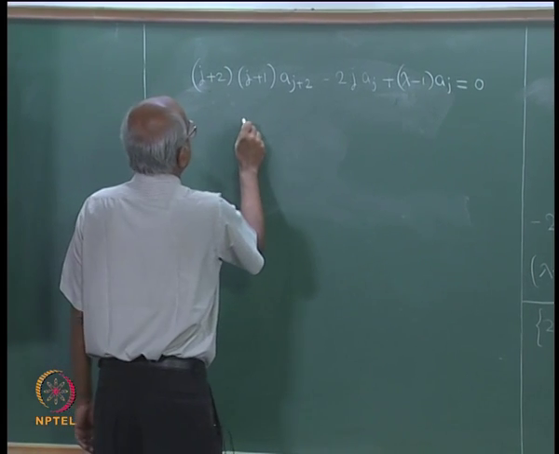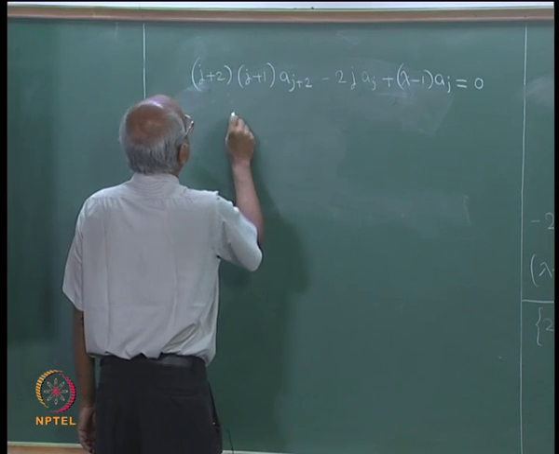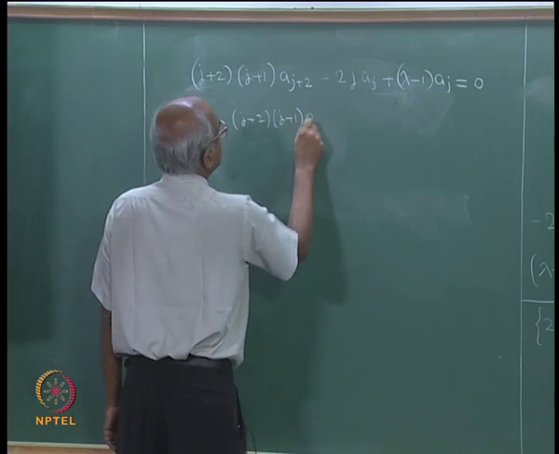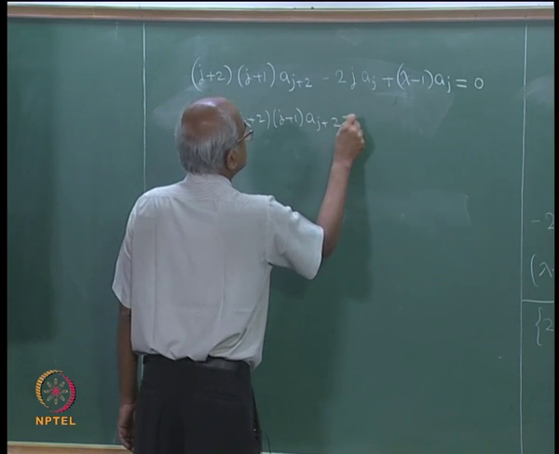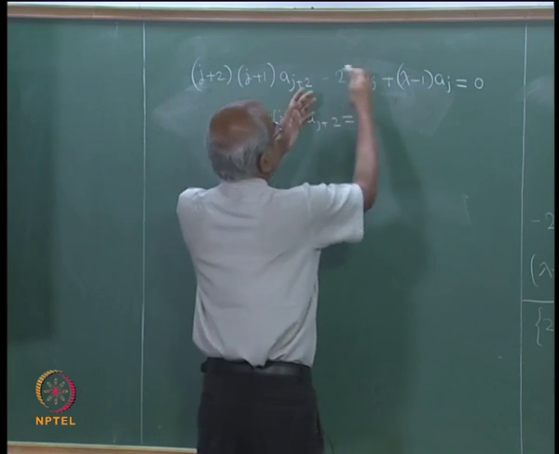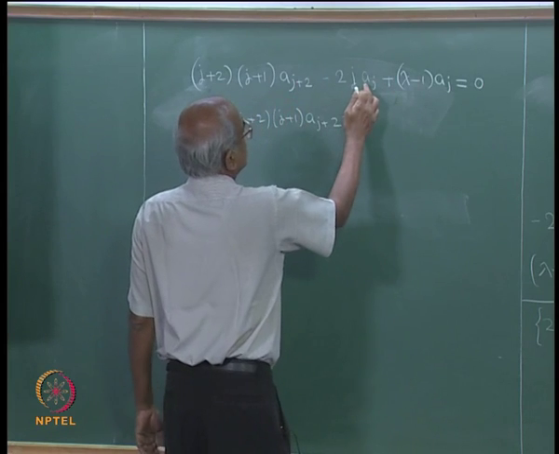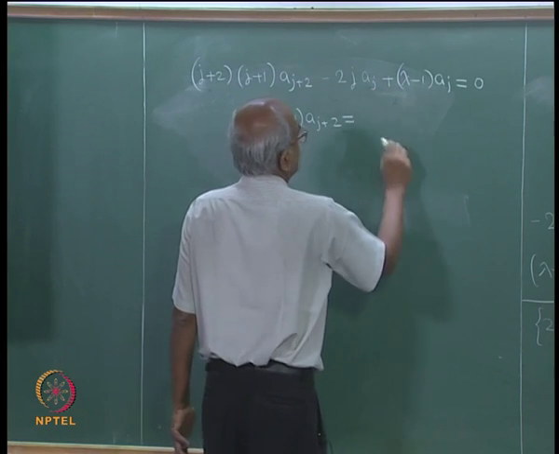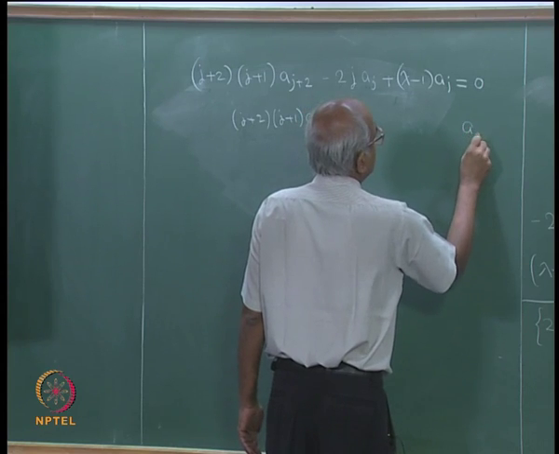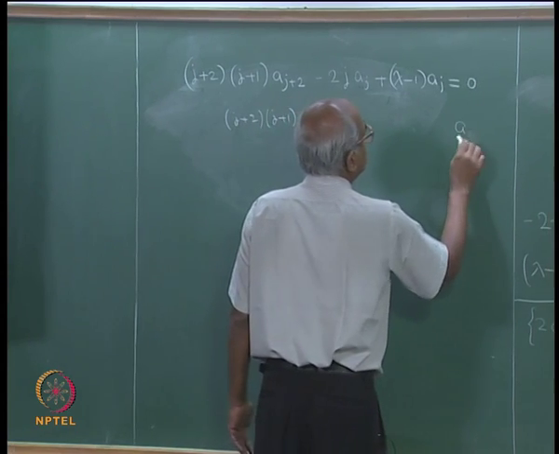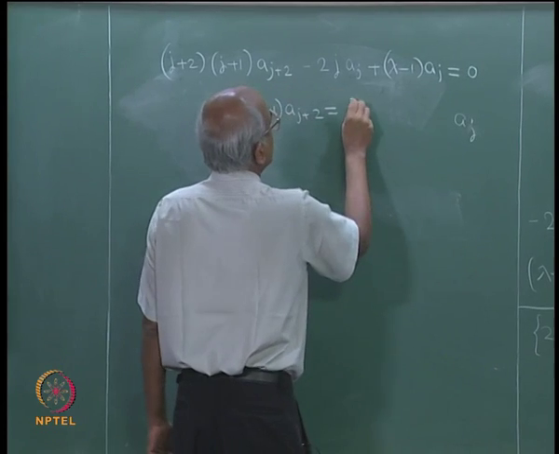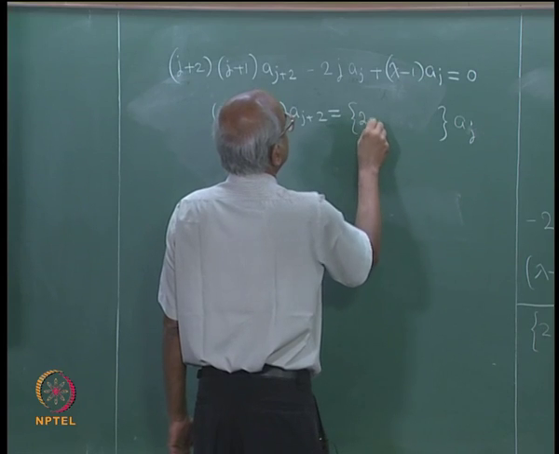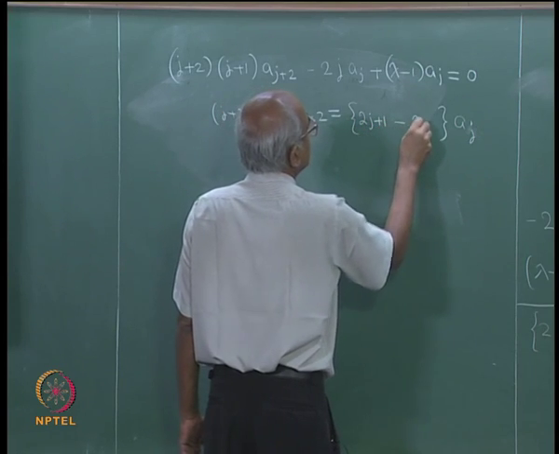We can say that this means j plus 2 into j plus 1, a_{j+2} must be equal to, I will take these terms to the other side, but you can see that there is a_j that is common. So, I will take the a_j outside, and what I will have left is 2j plus 1 minus lambda.